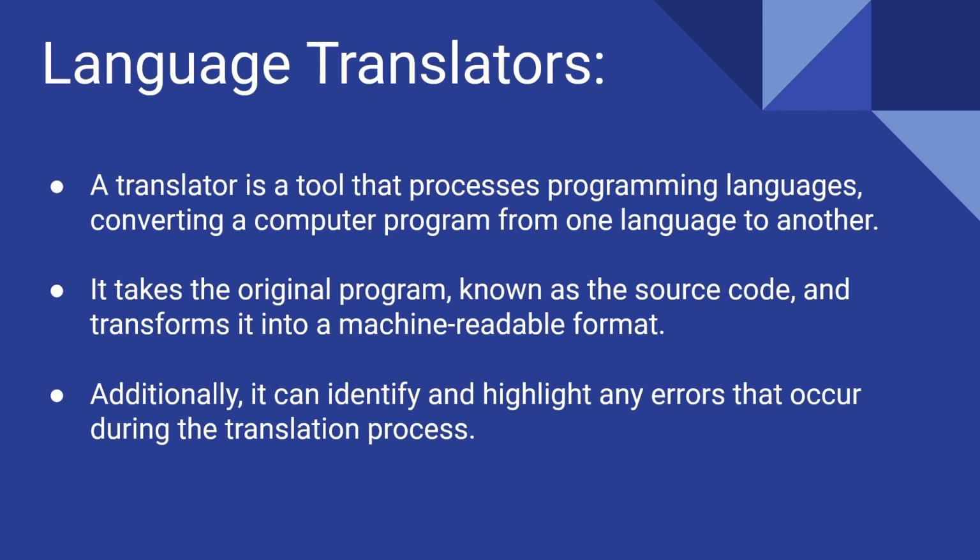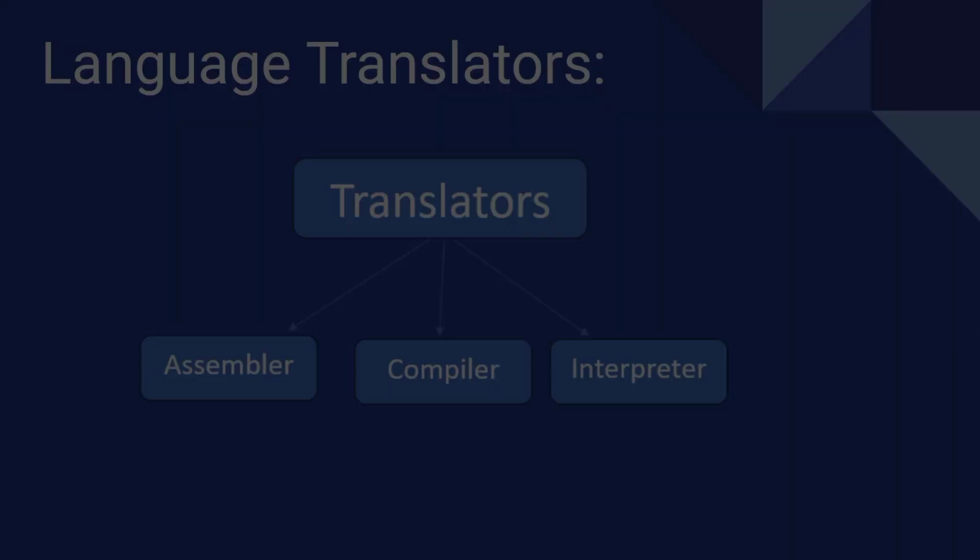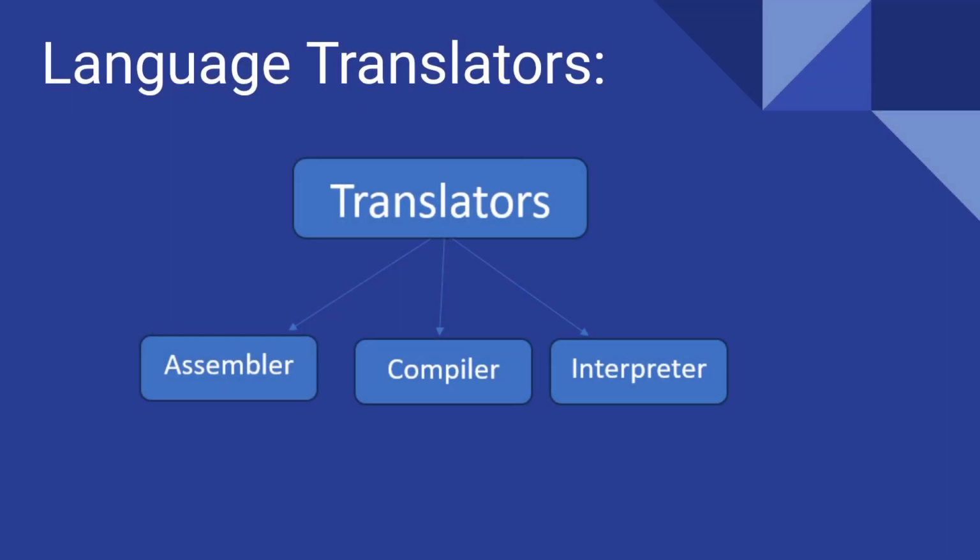Then for communication between them, another person C, who knows both English and Hindi, will be used as a translator. In the same case, there are various translators who can convert our human language to computer language. What are they? They are assembler, compiler, and interpreter.